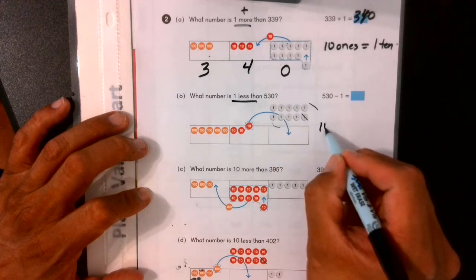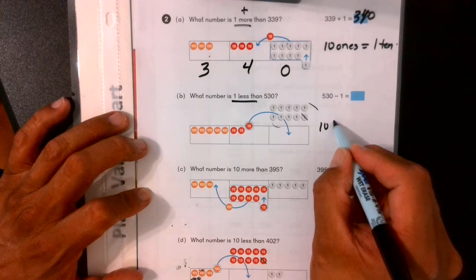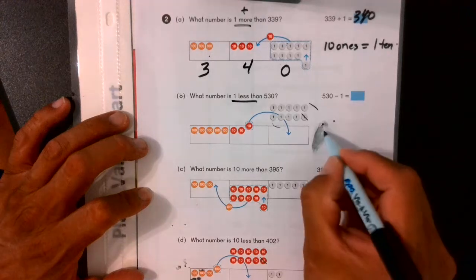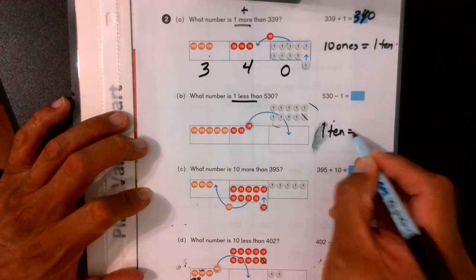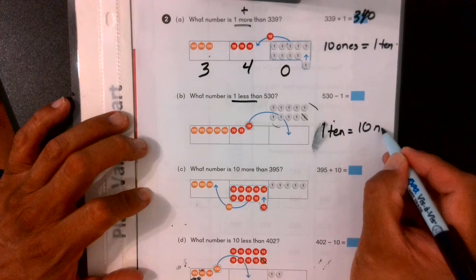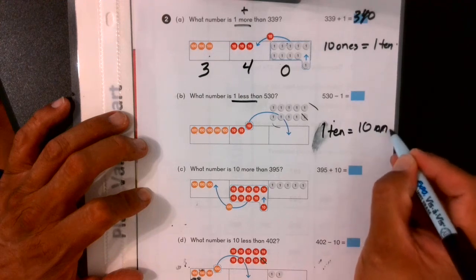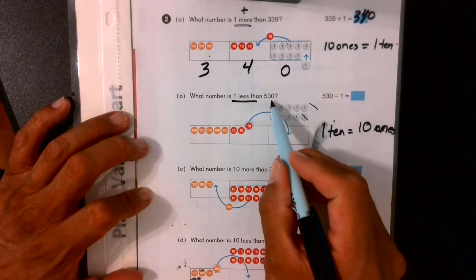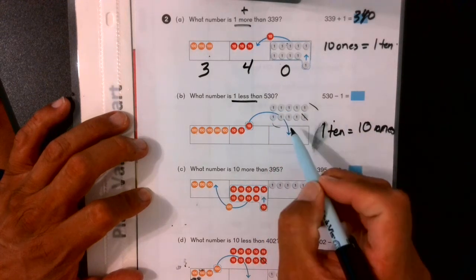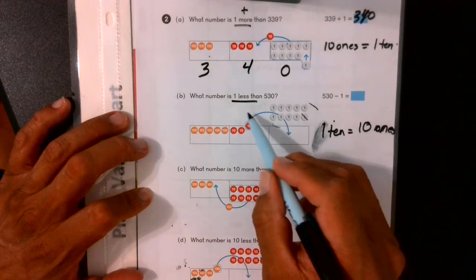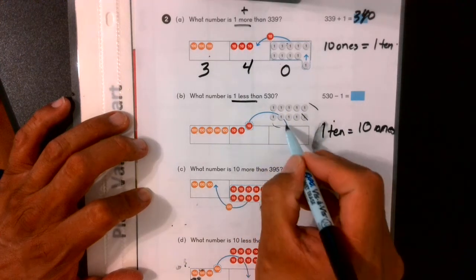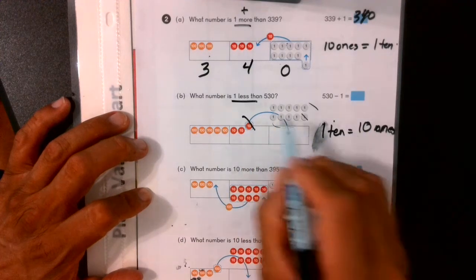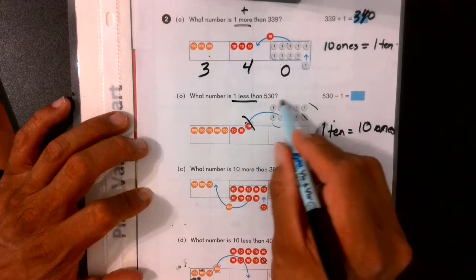What they're saying is, excuse me, 1 ten is equal to 10 ones. Okay, 10 ones. So we didn't have any here. Look at here. There was 0. But in order to take away 1, we have to bring a 10 over. So as we bring this ten disk, we eliminate that. Now we have how many? We have 10 ones here.